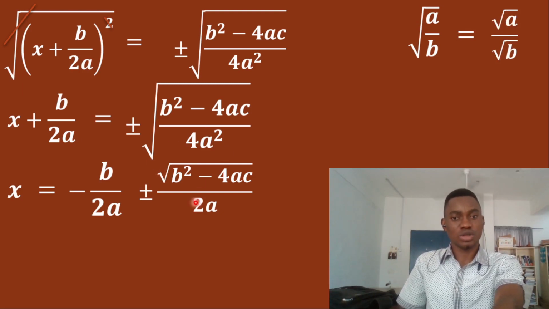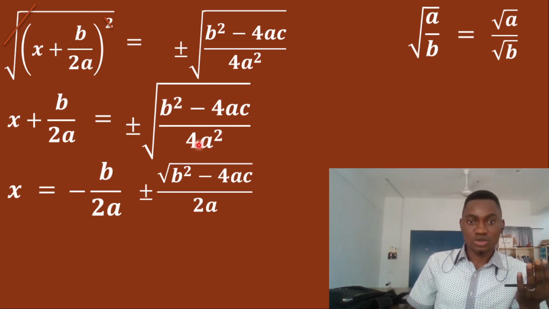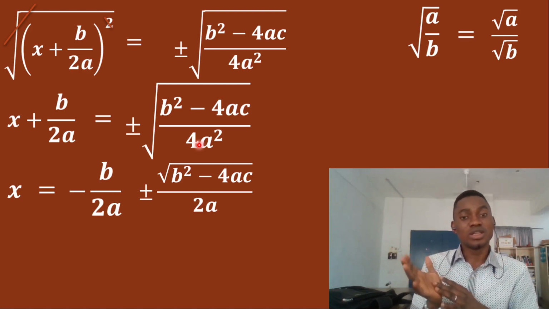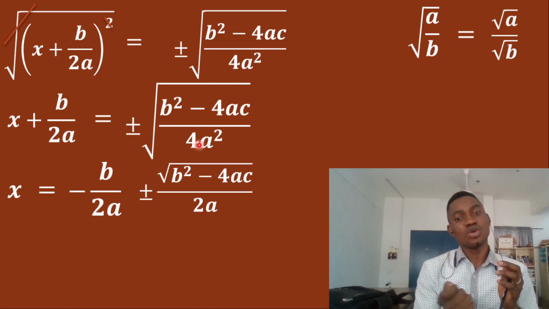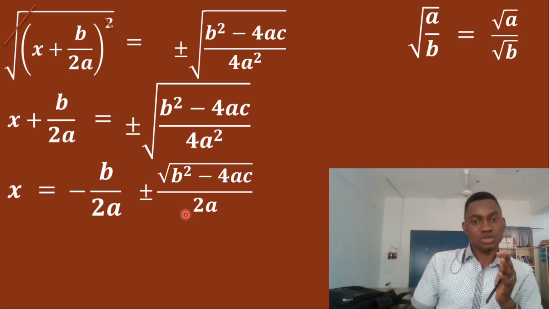That's how we got over 2a, okay? So it's just as good as having root of b squared minus 4ac all over root of 4a squared. And 4a squared is a perfect square. So the square root of all perfect squares gives a whole number. All right. So that's how we got 2a.